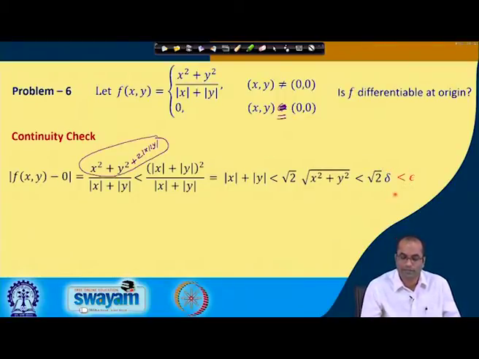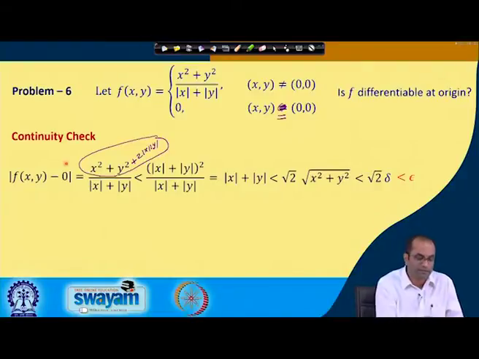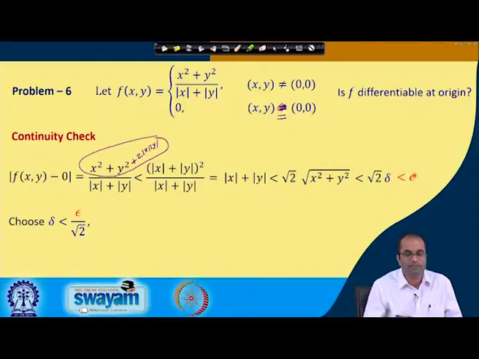So, by this relation we have found that for given epsilon we can set this delta, so that |f(x, y) − f(0, 0)| is less than epsilon. So, by choosing this delta less than epsilon over square root 2 for given epsilon, this difference is less than epsilon, and that is the epsilon-delta approach for showing continuity.